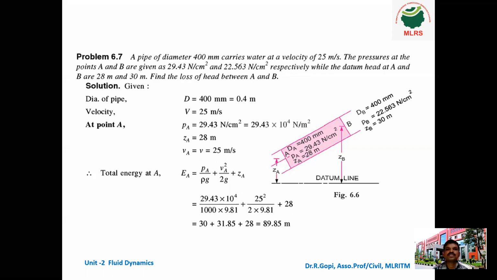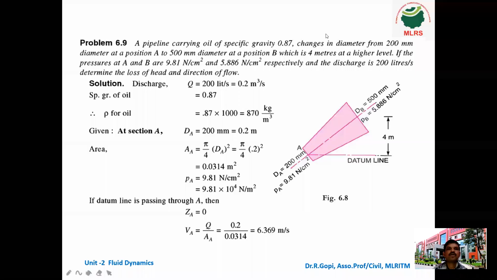Now we will move to the second problem. I will read the question. Please follow. A pipeline carrying oil of specific gravity 0.87. In this problem, they didn't give water. They give some oil, like castor oil or some other oil.